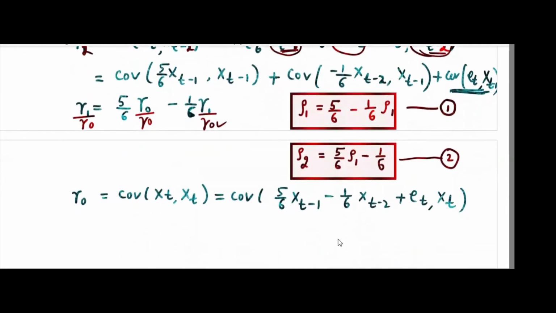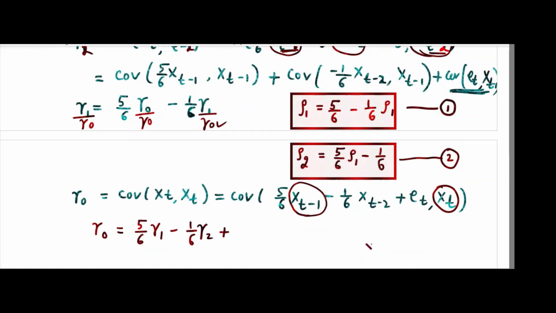However, when you find gamma naught, then what will happen? If you check with respect to gamma naught here, xt minus 1, that is there. So you will get gamma 1 from here, 5 upon 6 gamma 1. And the second one, 1 upon 6 xt minus 2, then xt. This will be gamma 2 here, minus 1 upon 6 gamma 2, plus there is a link between et and xt.